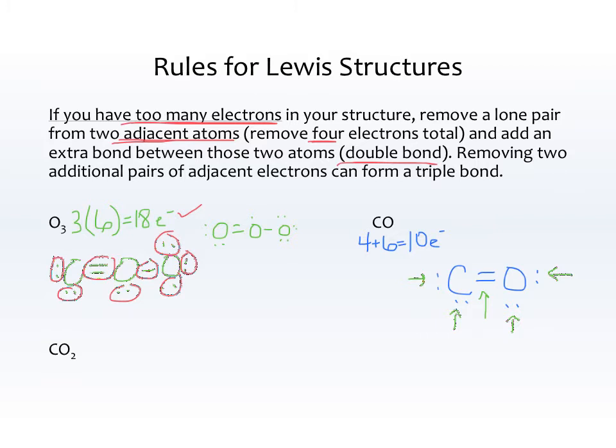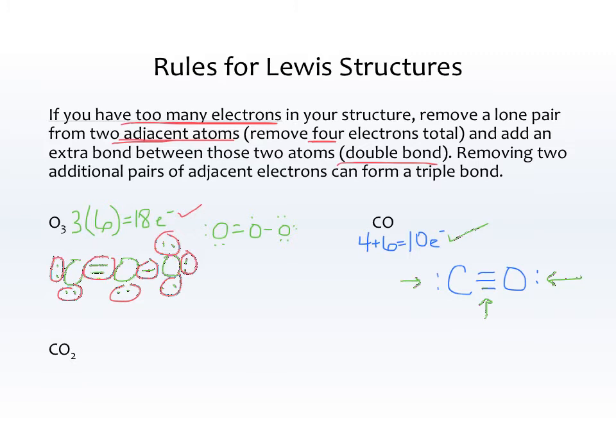That's still too many. So now I'm going to remove another set of pairs from 2 adjacent atoms, which happen to be the only 2 atoms in this case. Let's take off the bottom ones and replace them with a line. And now count again. 2, 4, 6, 8, 10. Hey, 10! We got it!